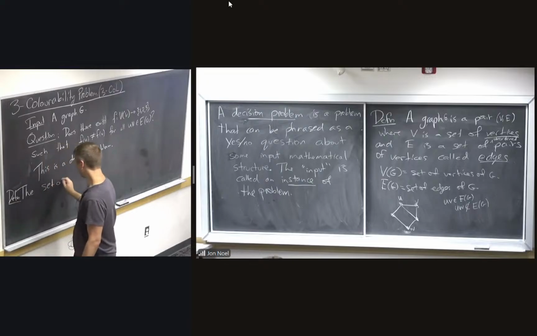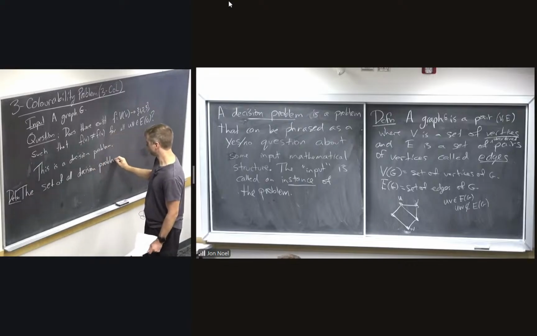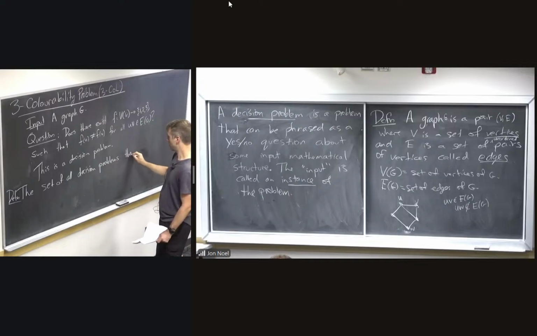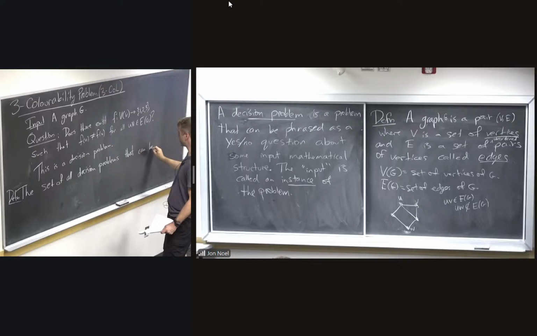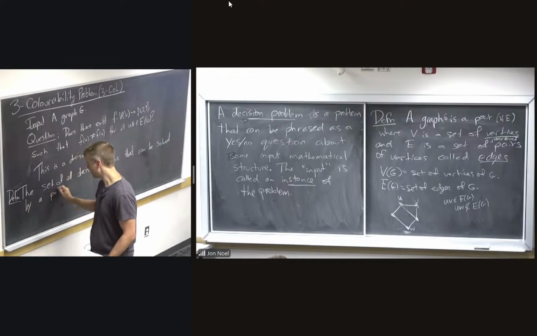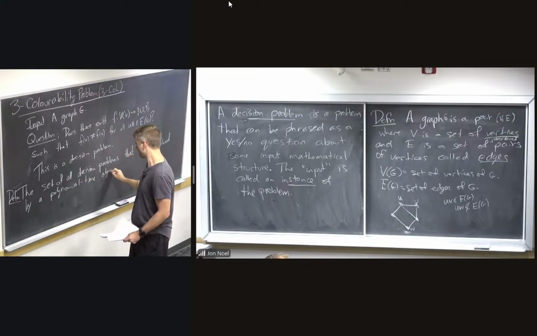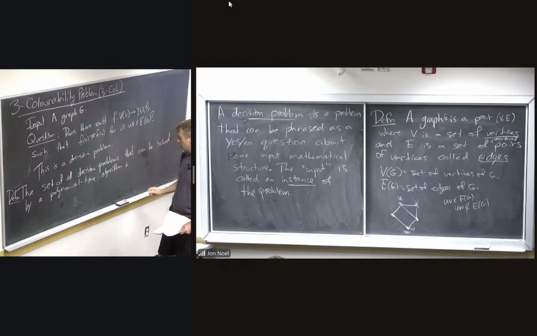The set of all decision problems that can be solved by a polynomial time algorithm is called capital P. These are the problems that are tractable.